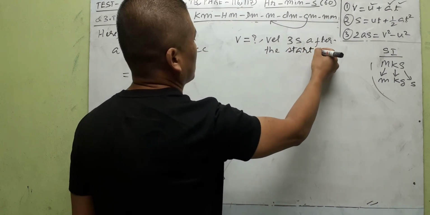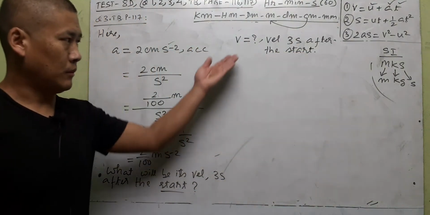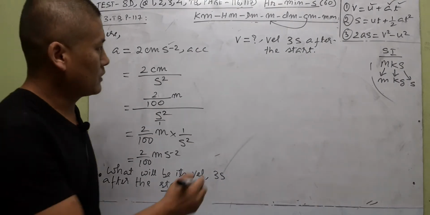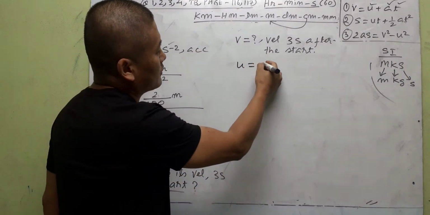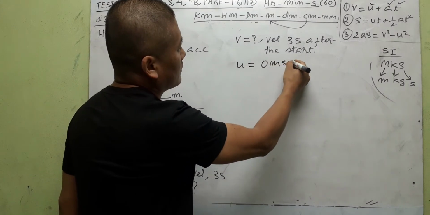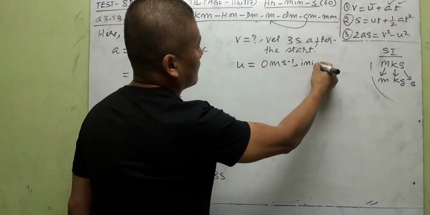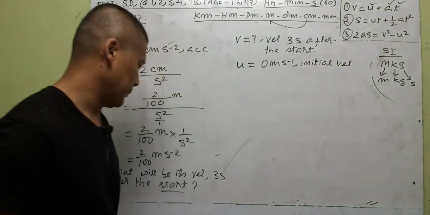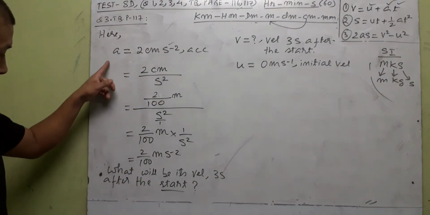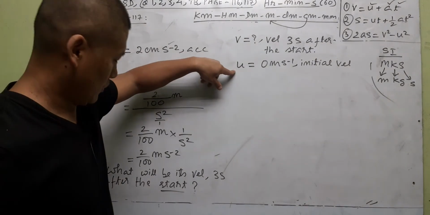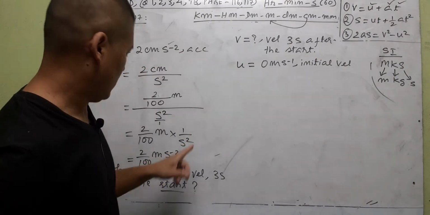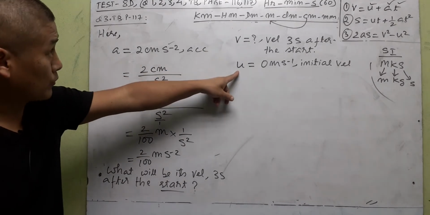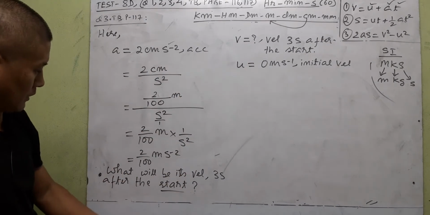Like if you like to put it in textbook language. But effectively this is the final velocity they're asking. Then start means initially it was not moving, so 0 meter per second is the initial velocity of the trolley. Okay, having done that, A is there, V and U. What will be its velocity in 3 seconds?